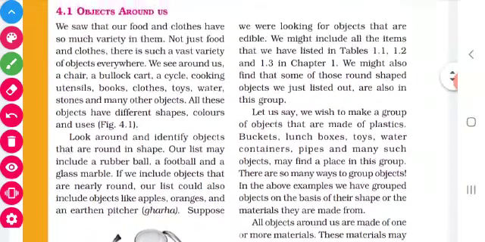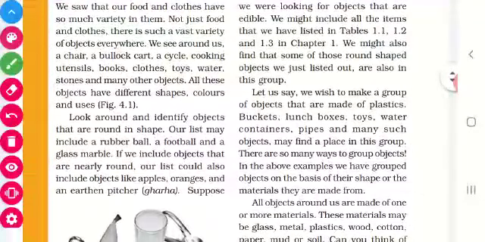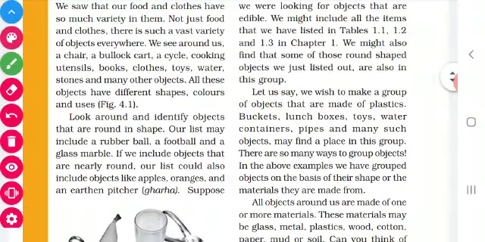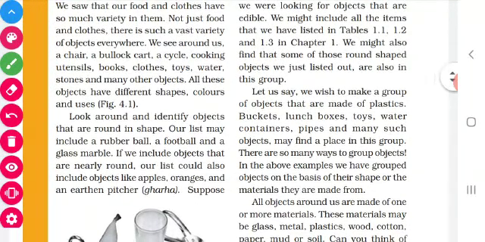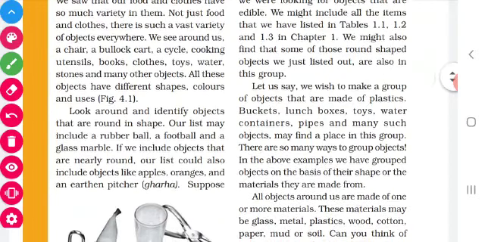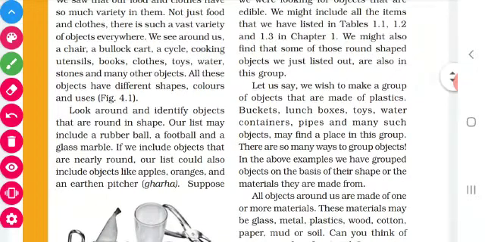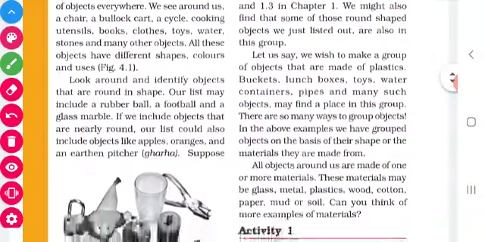Isn't it, children? So sorting, that is grouping, can be done in a variety of ways. We can group the eatables, we can group based upon shape, and we can group based upon usability also.